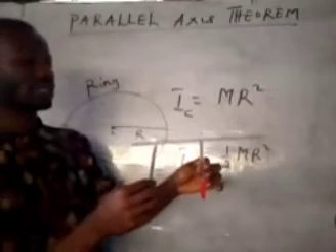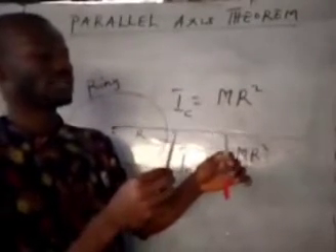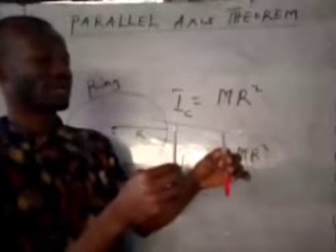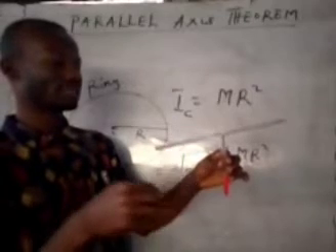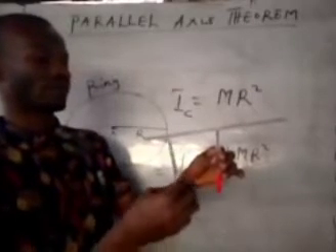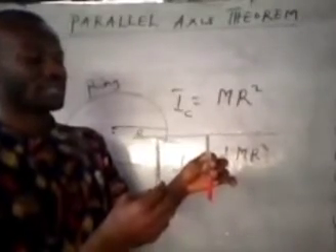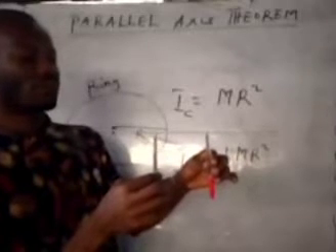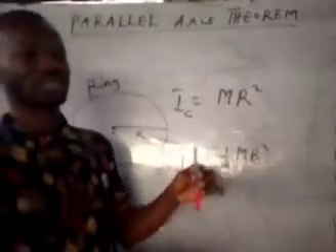You can see here these two pens, the red one passing through the center of gravity and the blue one passing through the other point. These two axes are parallel, but the two axes are separated by a distance, let's say d. So in this case, how can we find the moment of inertia about this axis when the moment of inertia about an axis through the center of gravity is given?